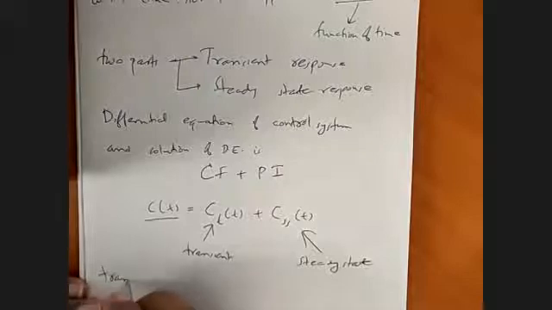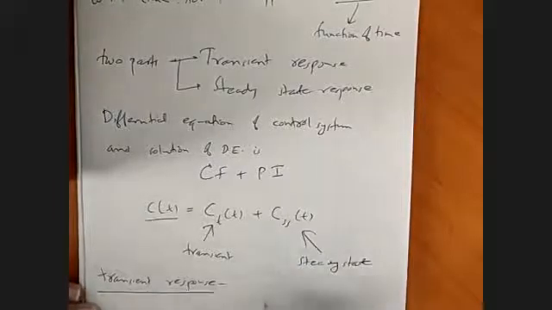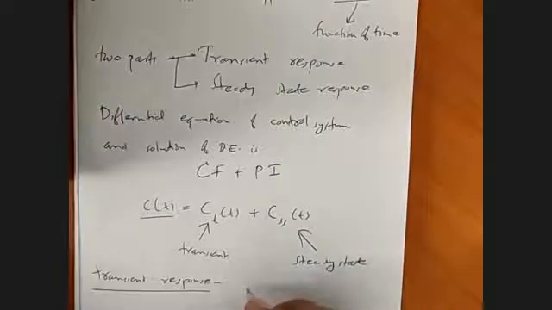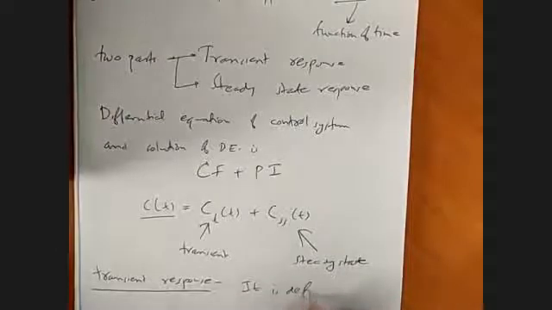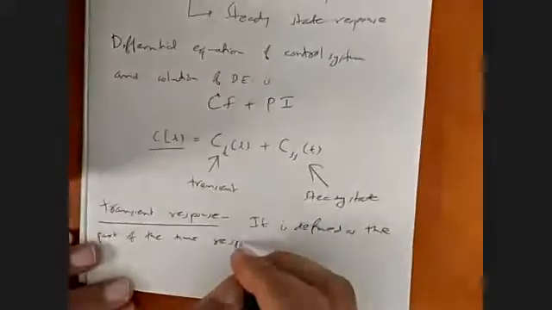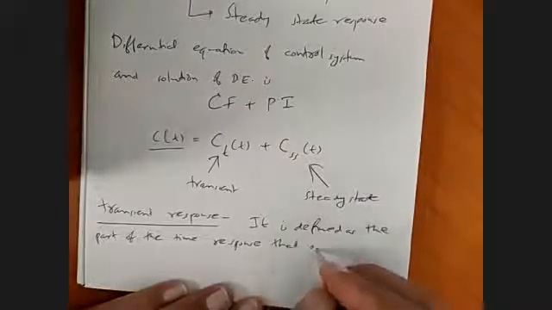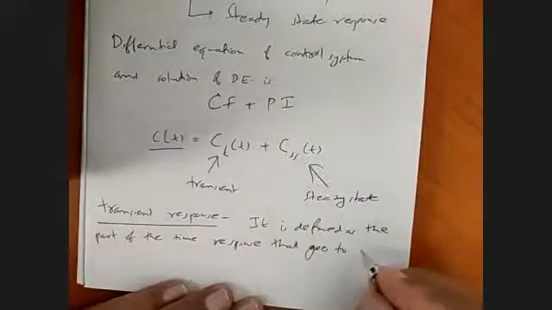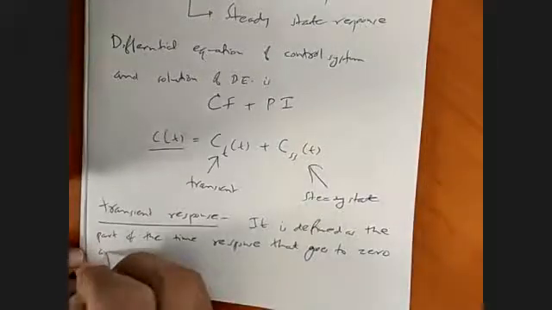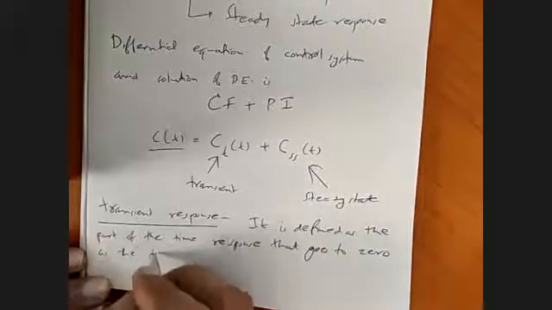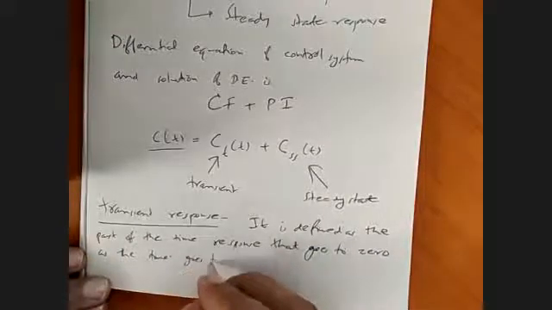So the transient response is defined as the part of the time response that goes to 0 as time goes to infinity.